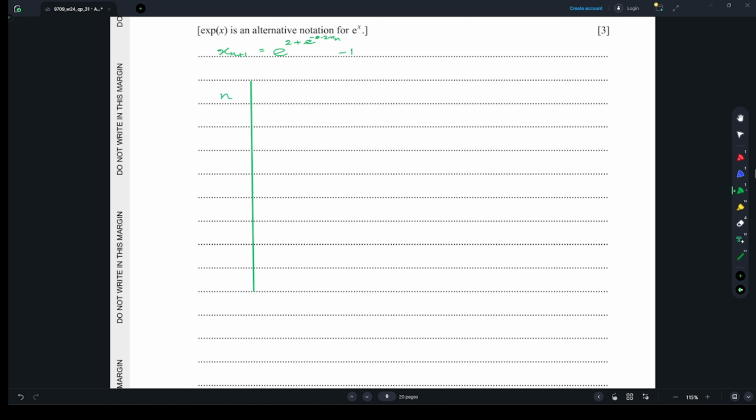So which is, let's say, x n plus 1, which is f(x n) equals this, which is e to the power 2 plus e to the power minus 0.2 x n, minus 1.